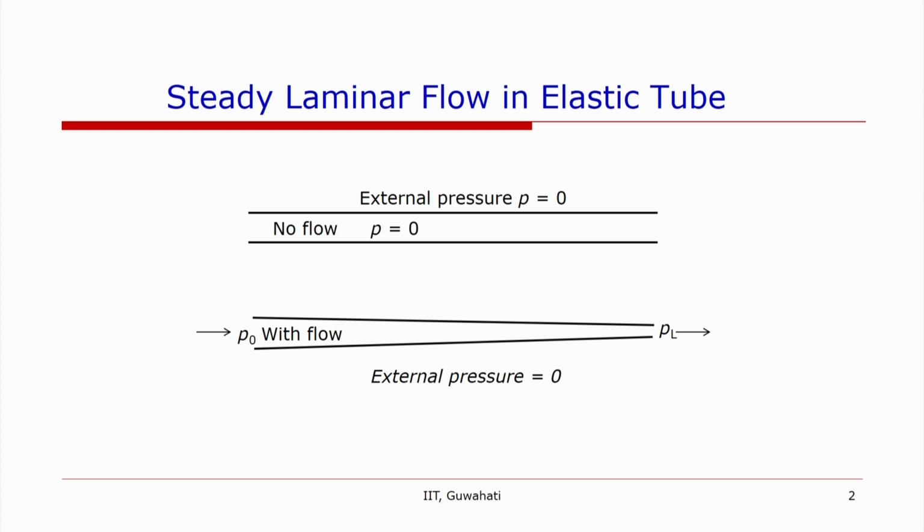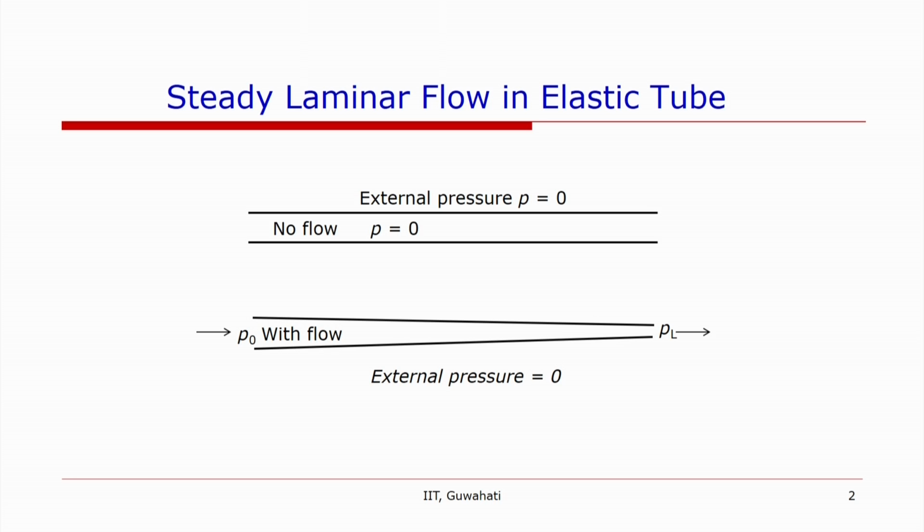So we will first look at the steady flow in a tube, and then the next extension will be that we relax the assumption of steadiness and consider pulsatile flow. For pulsatile flow, we will have another assumption: that the flow is inviscid, or non-viscous. If you remember the definition of the Womersley number, this is true for large Womersley number.